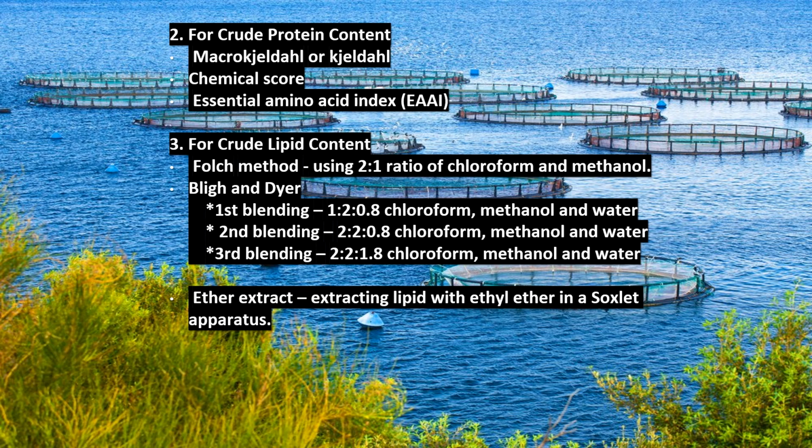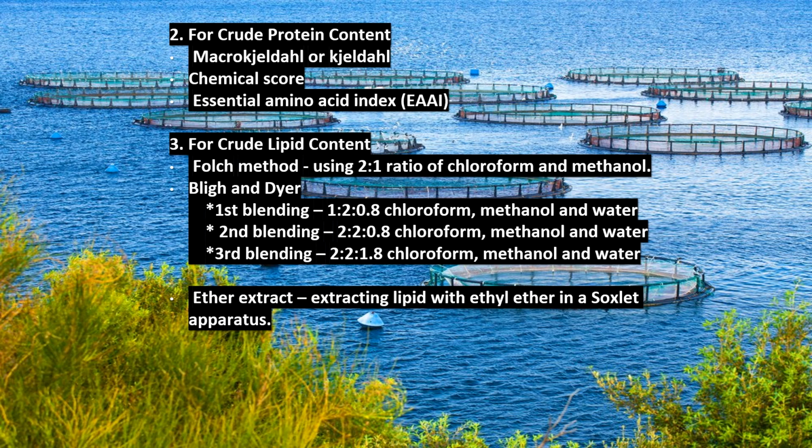For crude protein content, it is determined either by the macro-Kjeldahl or micro-Kjeldahl method. This method estimates the total nitrogen content, which is in turn used to determine the quantity of protein by multiplying the nitrogen content obtained with a factor. And we can also use the chemical score. This method is used to determine quality of protein.